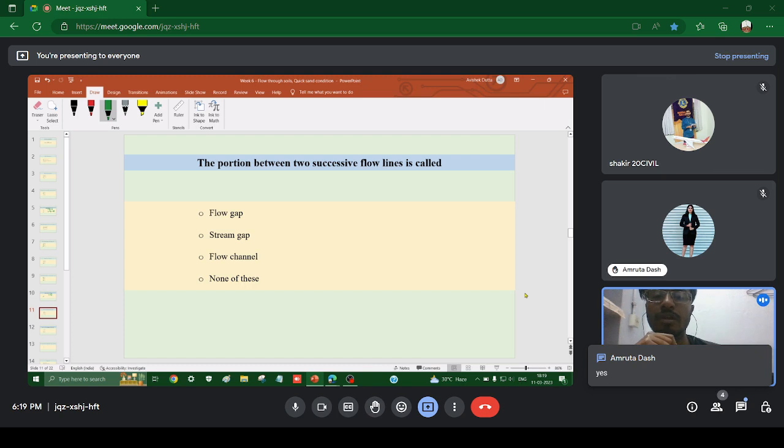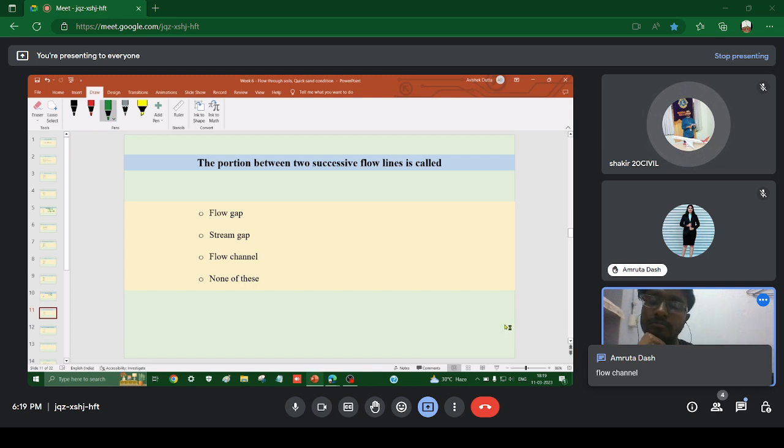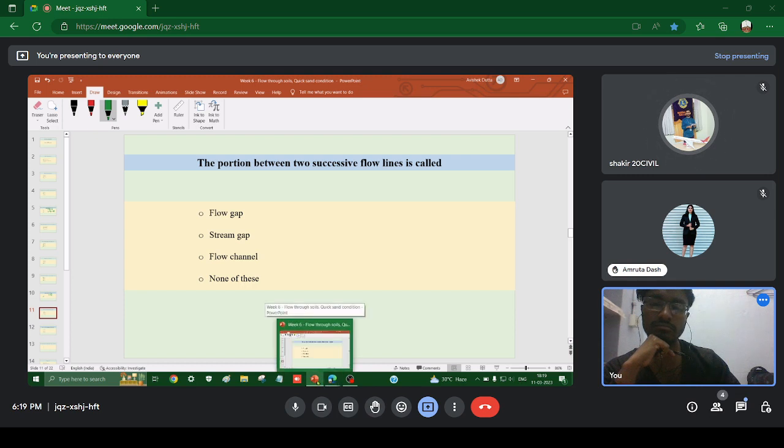The portion between two successive flow lines is called. What is it called? Flow. I don't get it.